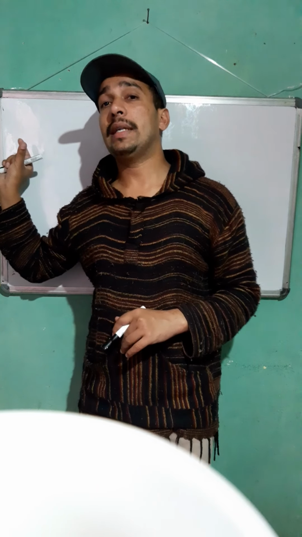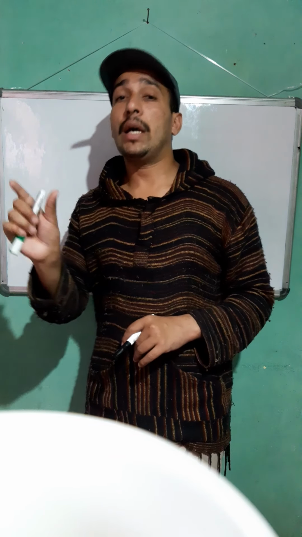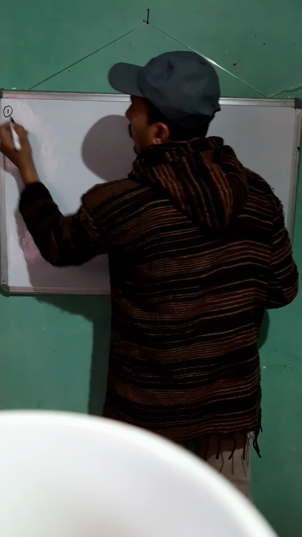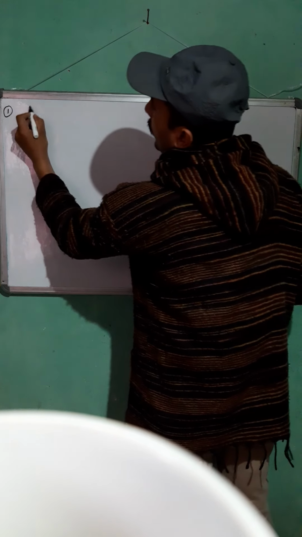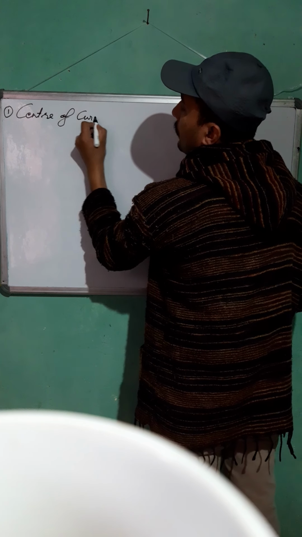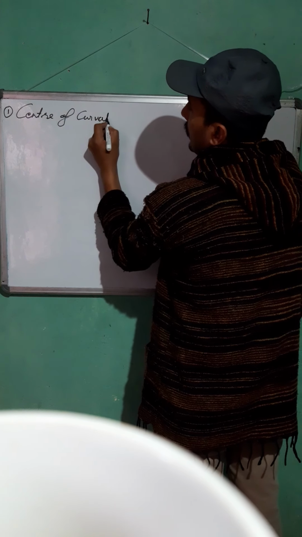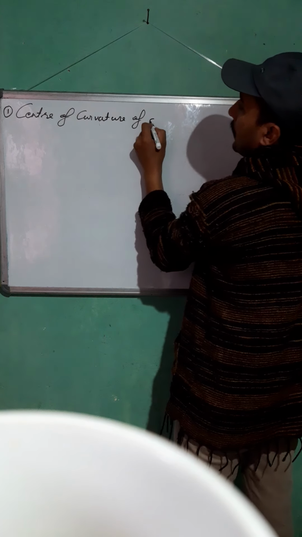Before doing the ray diagrams, you should understand some of the terms which are there in a lens. Okay, so number one, center of curvature, curvature of a lens.